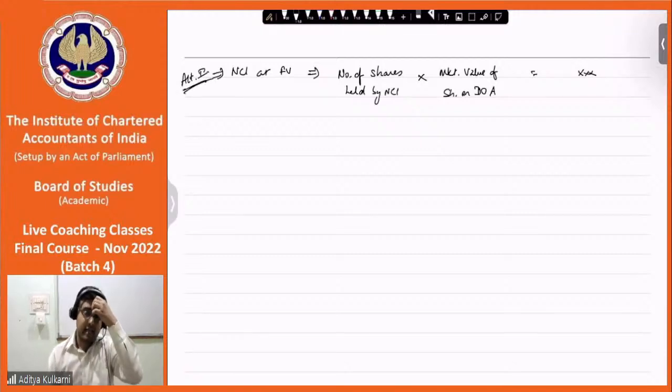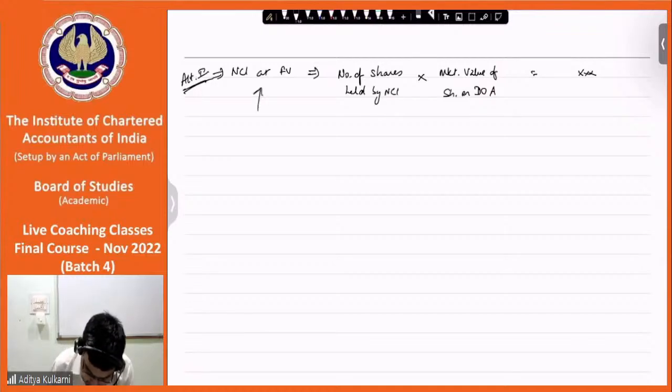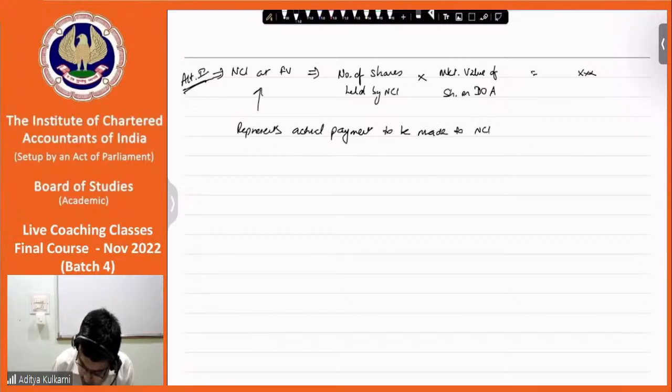Now, why is NCI at fair value preferred? It is preferred because this represents what you have to pay to the NCI physically to get their shares. So this represents the actual payment to be made to the NCI to acquire their shares.